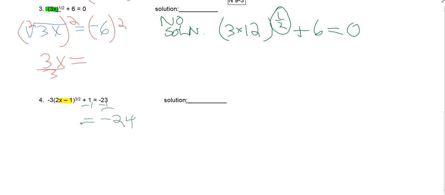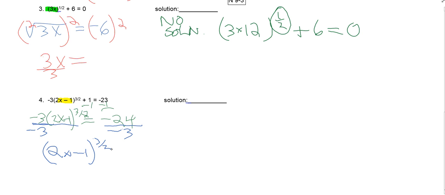And then we have a negative 3 to the 2x minus 1 to the 3/2 power. We're going to divide through by negative 3. And we're going to end up with 2x minus 1 raised to the positive 3/2 power. And negative 24 divided by negative 3, of course, is a positive 8.